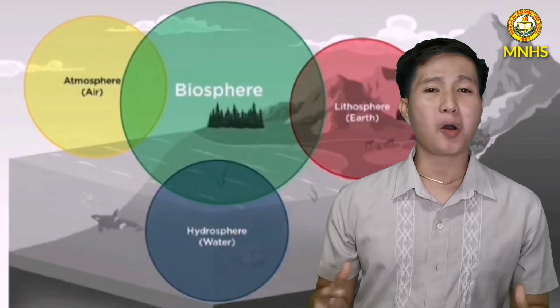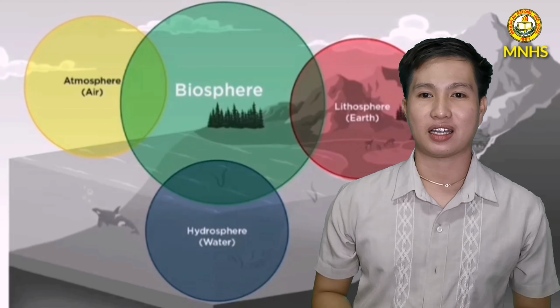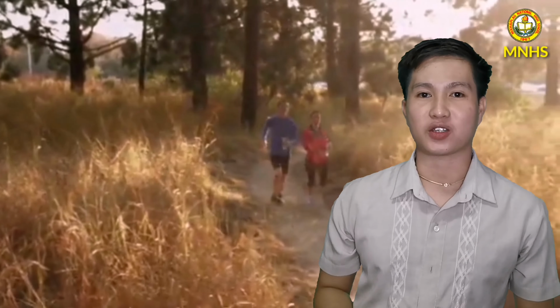The systems all interact to create and maintain the world as we know it. Human beings from the biosphere walk on the ground, the lithosphere, breathe the air, the atmosphere, and drink the water, the hydrosphere. This time, let's watch an aerial view of Sitio Tramban from Barangay Poblacion, Mahaplag, Leyte.